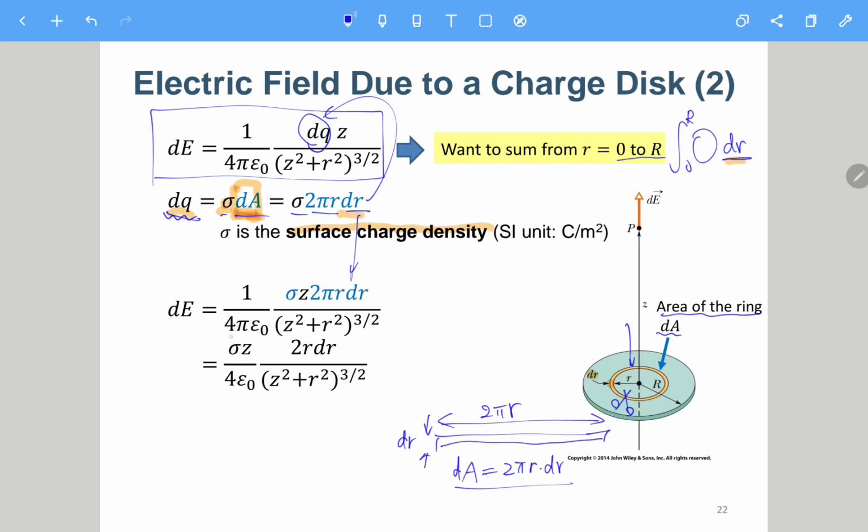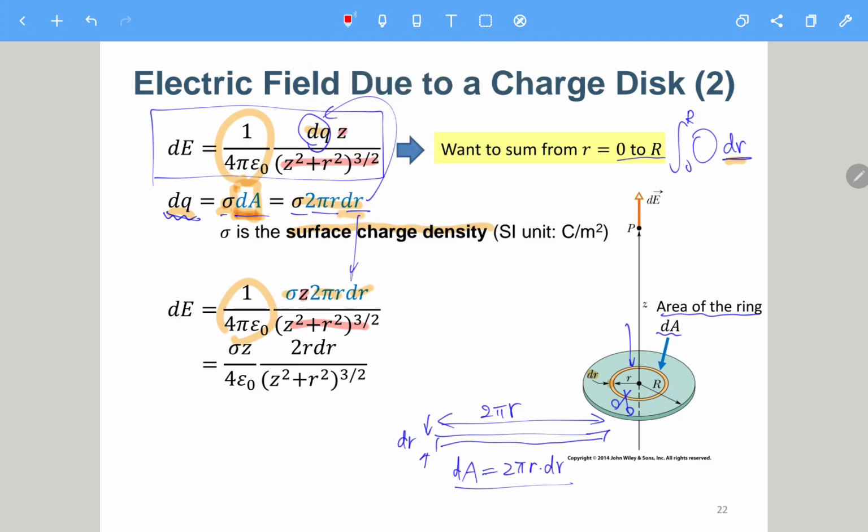So we have sigma 2 pi r dr, and then we have z to put here, and of course we still have this term putting here.